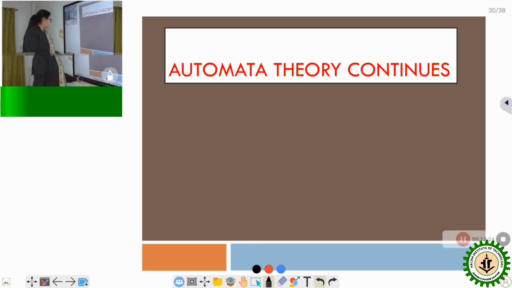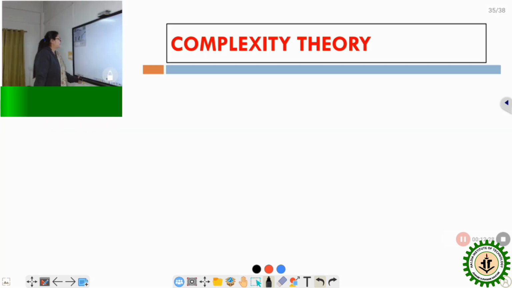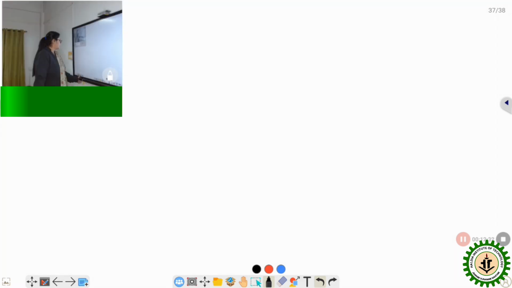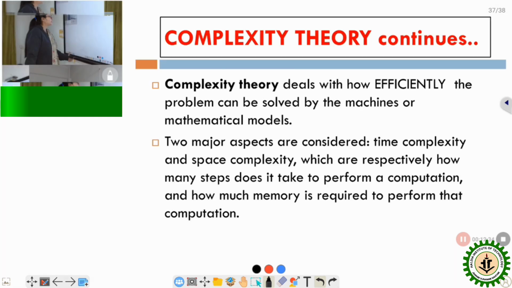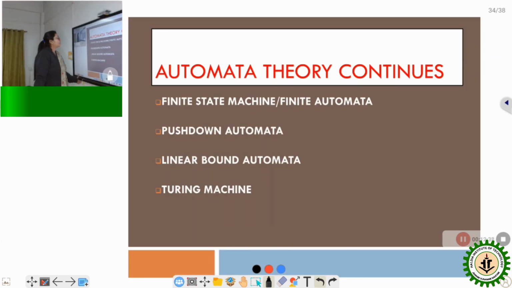It has 4 categorizations. That is finite state machine or finite automata, push down automata, linear bounded automata, and Turing machine.